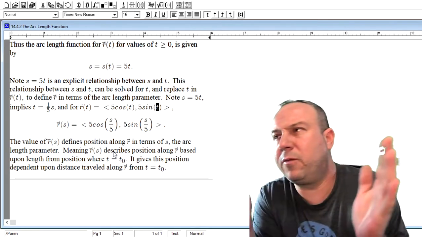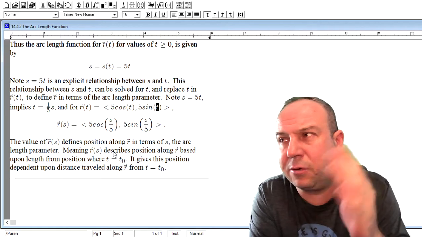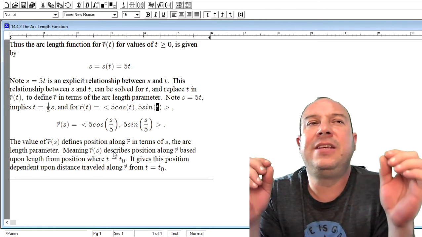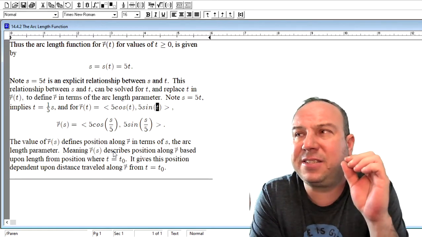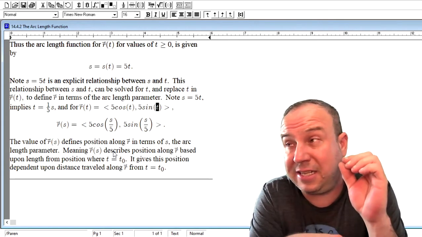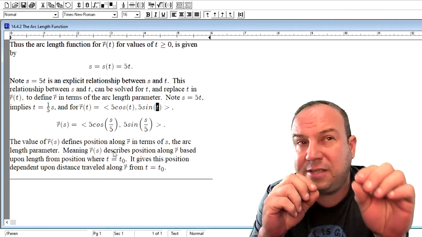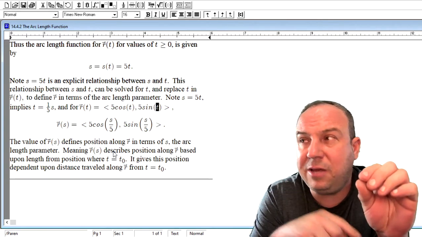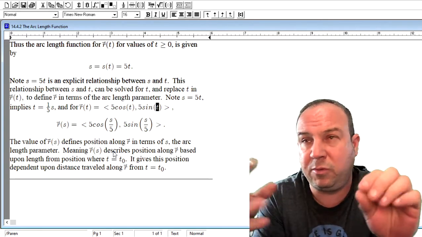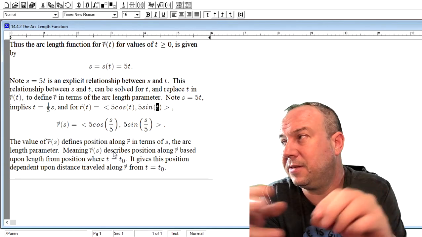How far have we traveled in length from t equal to 0 to some position is thought of as this measurement for s, which might depend upon t, s of t, right? Where we can substitute in, based upon that dependency, the value t, what we might have with regards to s, which would be 1/5 s. All right.